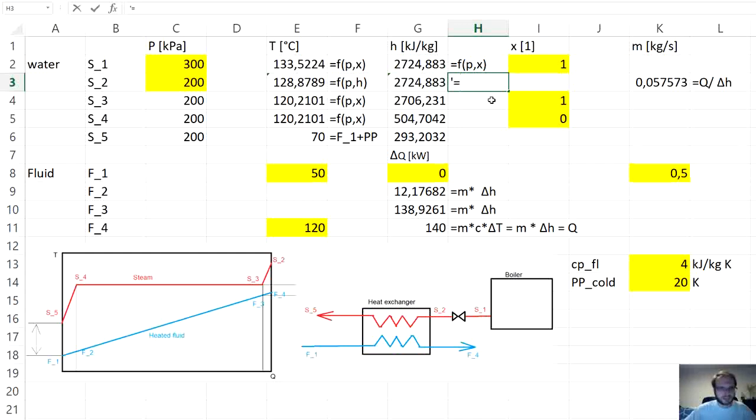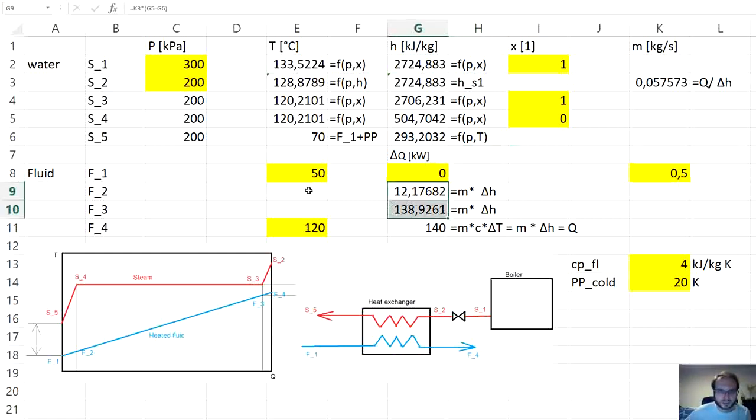This was the same as enthalpy S1. Here it's again pressure and quality, and here pressure and temperature. Okay, now back to the transferred heat and how to get the temperature from that.